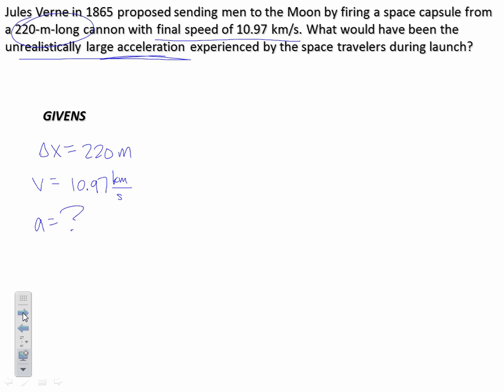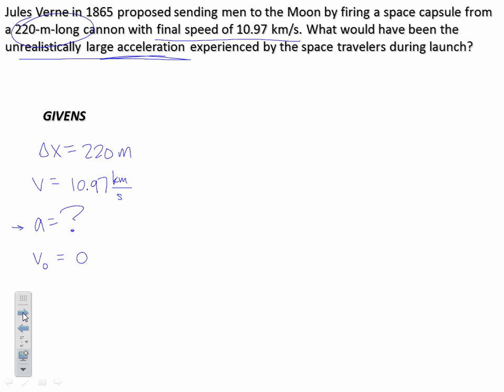Question mark. We need one more thing. If this person's fired out of a cannon, we have to say that at the instant the person starts accelerating, their speed is 0.